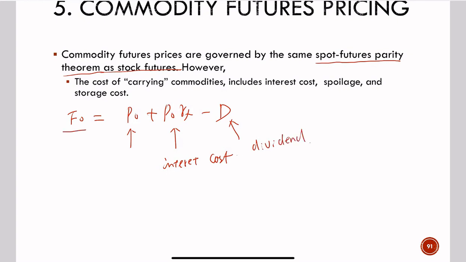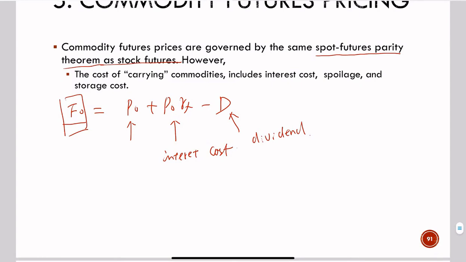And then the second way to get your equity investment is to just enter into the long position of a futures contract. And on the maturity day, you will pay F0. Then you will get your investment. And we said these two methods should give you the same result. So based on this, we say F0 should be equal to P0 plus P0 RF minus D.